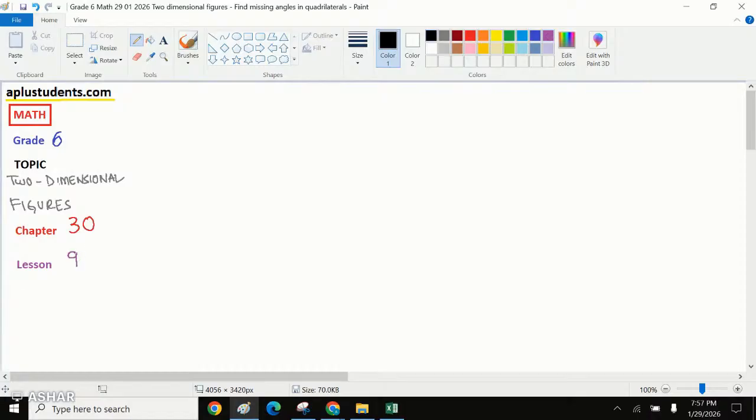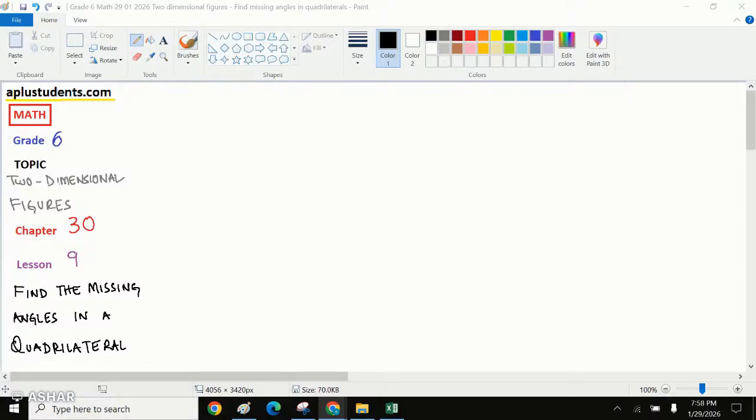And the name of the lesson is Find the Missing Angles in a quadrilateral. Okay, so let's go to grade 6. Let's go to grade 6 and the chapter and the lesson.